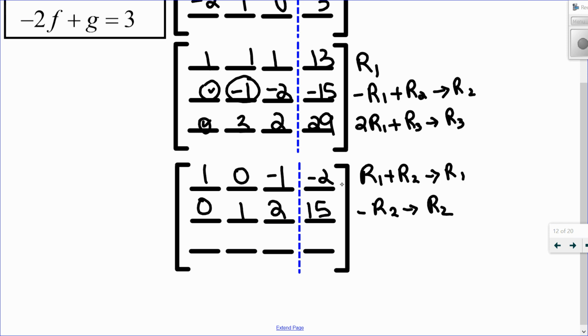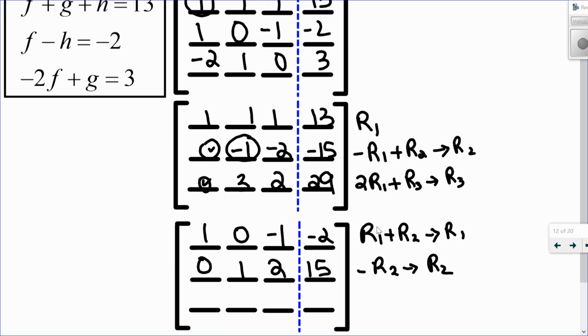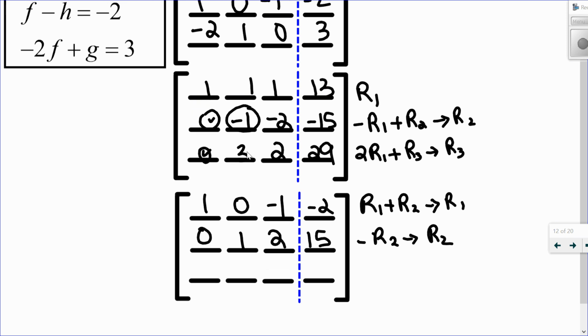For the next one, I am going to try and get rid of this 3 here. So I'm going to multiply row 2 by 3 and add it onto row 3.